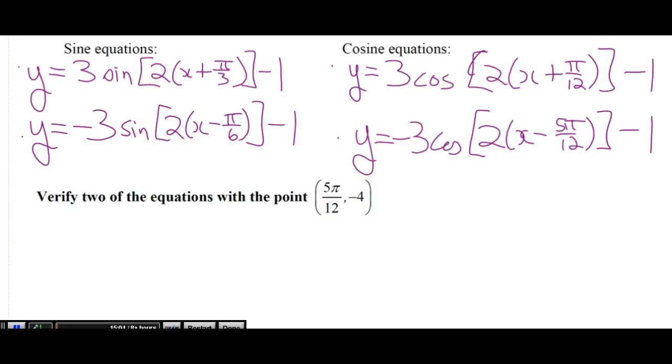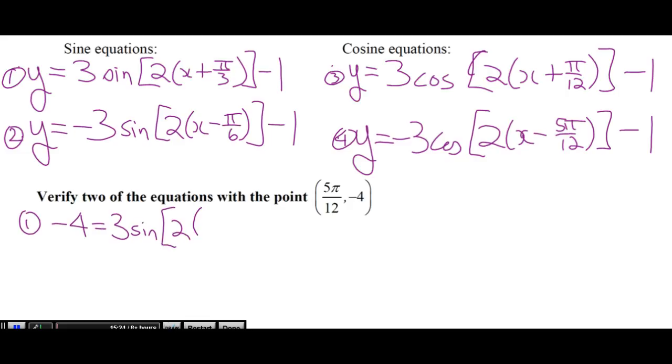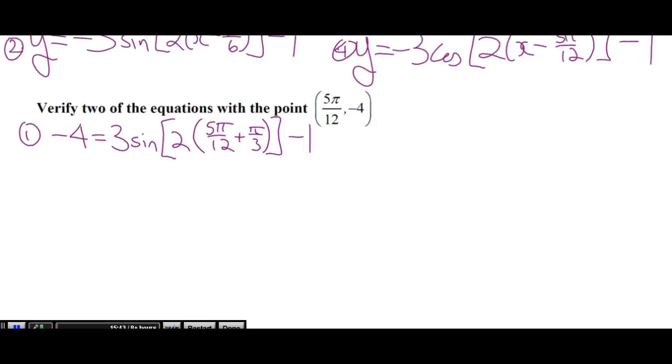So to verify equation 1, we're going to say y, negative 4 is equal to 3 sine, square bracket, 2 bracket, 5 pi over 12 plus pi over 3, minus 1. Okay, so we're going to substitute in. We're just going to work this down, and if it ends up saying negative 4 equals negative 4, we're going to say, huzzah, we verified it. And if it doesn't, we're going to say, I messed something up here.